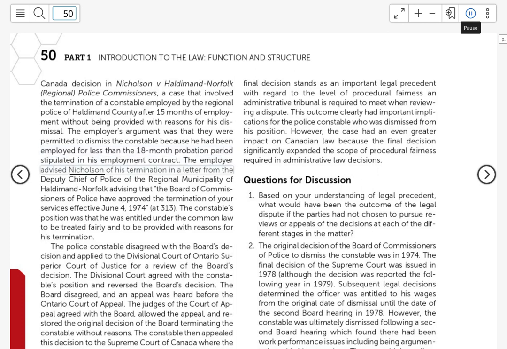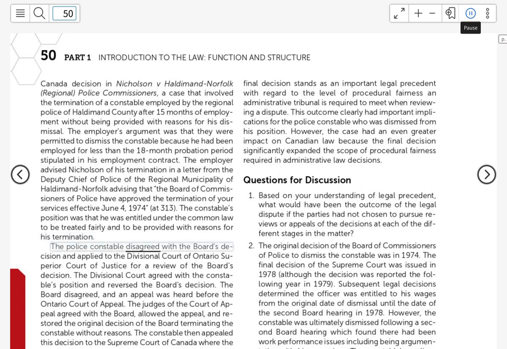The employer advised Nicholson of his termination in a letter from the Deputy Chief of Police of the Regional Municipality of Haldimand Norfolk, advising that, "The Board of Commissioners of Police have approved the termination of your services effective June 4, 1974," at 313. The constable's position was that he was entitled under the common law to be treated fairly and to be provided with reasons for his termination.